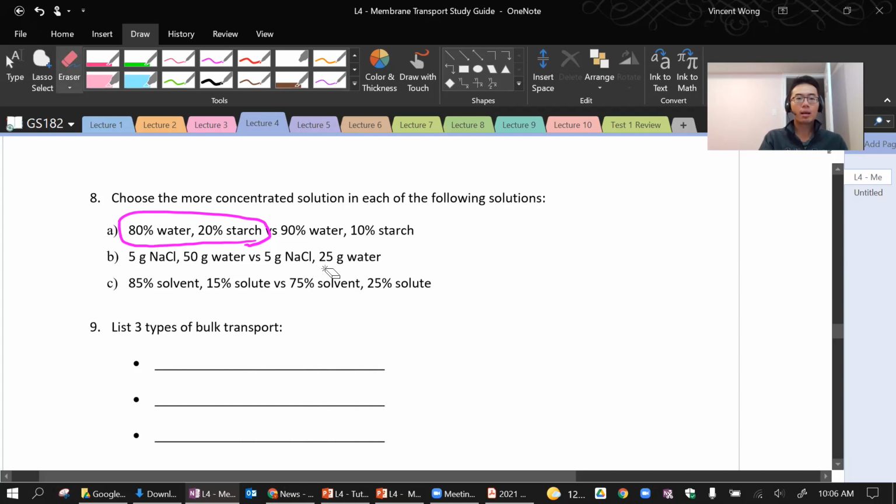So 5 grams in 25 grams of water is the same as 10 grams of sodium chloride in 50 grams of water. Does that make sense? Because I multiply 25 by 2, I have to multiply the NaCl by 2. It is like a ratio. Now I can compare them because it's the same amount of water. So 5 grams in 50 versus 10 grams in 50. This is the more concentrated one.